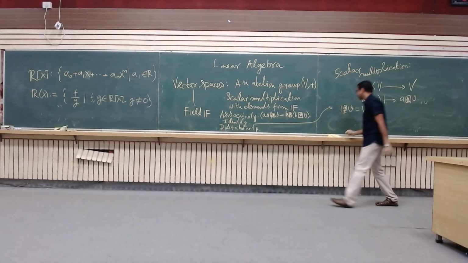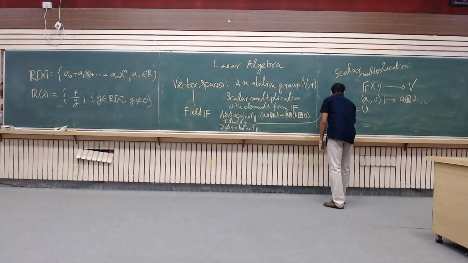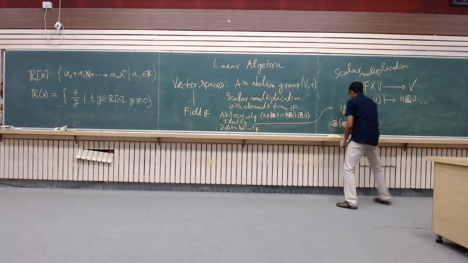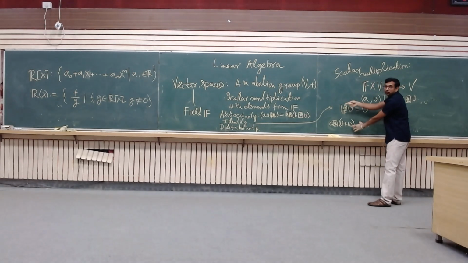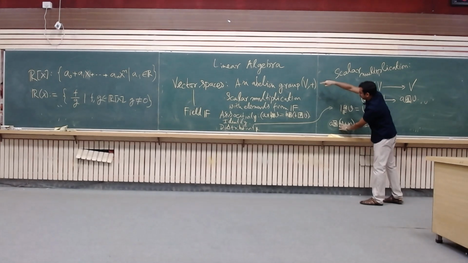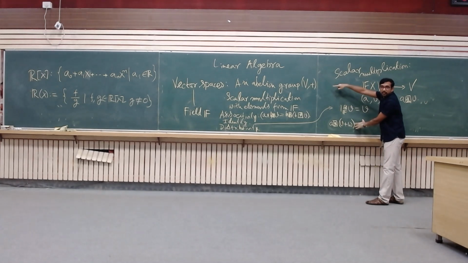So this is identity, and distributivity just means that A star (V plus W), where V and W are elements in the vector space V. Because it's an abelian group, V plus W is also in V, right?